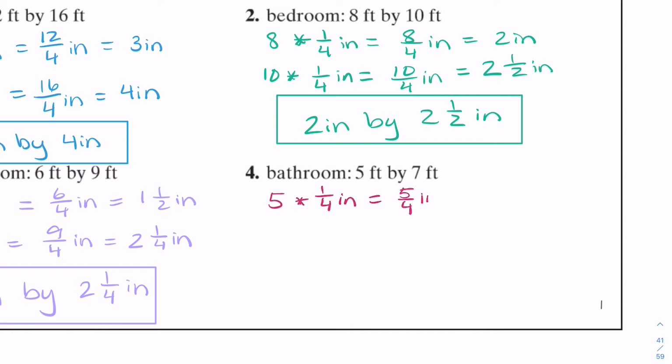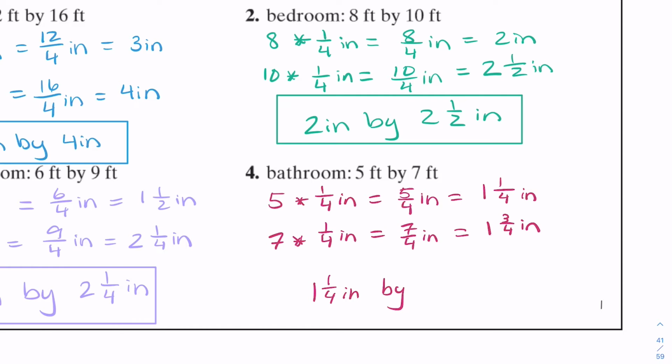We have 5/4 inches, or 1 1/4 inches. And we have 7 times 1/4, which is 7/4 inches, which is 1 3/4 inches. So 1 1/4 inches by 1 3/4 inches.